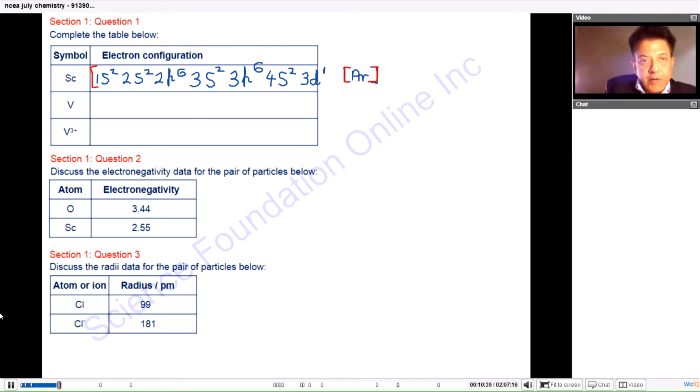That's the argon part of it, where the 3p shell has been filled, and thereafter we've got 2 electrons in the 4s, so I can go 4s2 and 3d1. Okay, I can put that in that way.